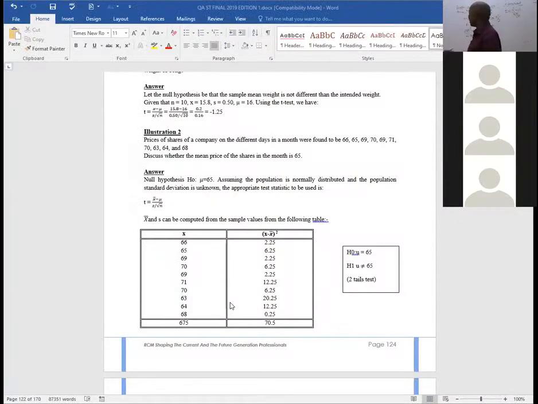So we have our X, we are simply tabulating this. X is 66, 65, 66, 65, 66, 65, 69, 70, 69, 70, 69, 71, 70, 63, 70, 63. I have to rewrite again, my table will not be enough.